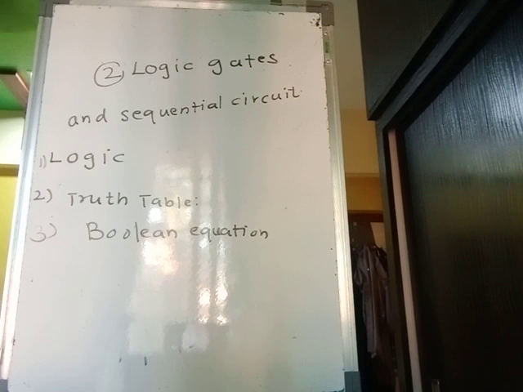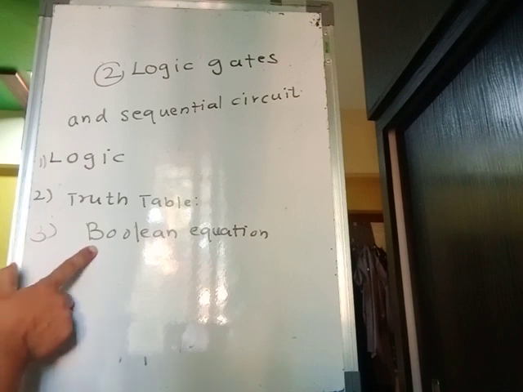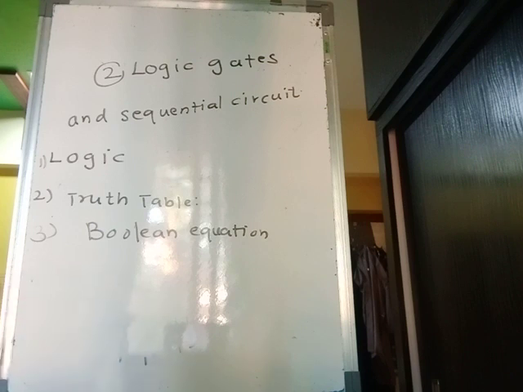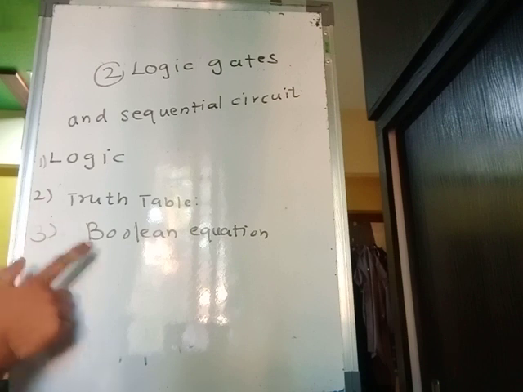A Boolean equation is a mathematical equation representing the particular gate for input and output. In mathematics you have different kinds of equations, such as a square plus b square equals c square. It is a way of representing your equation. In the case of logic gates also you have the Boolean equation.